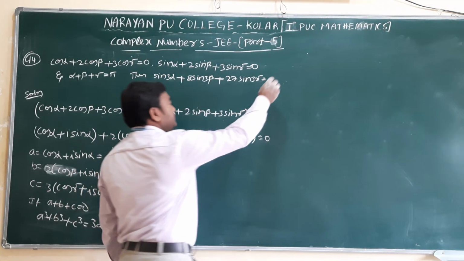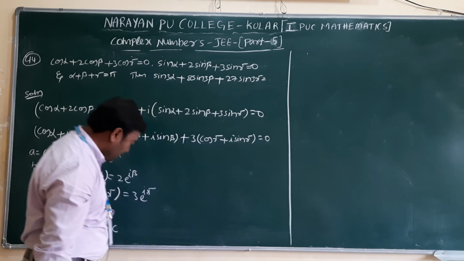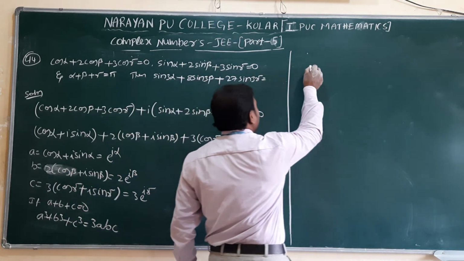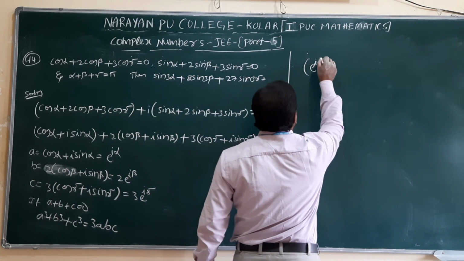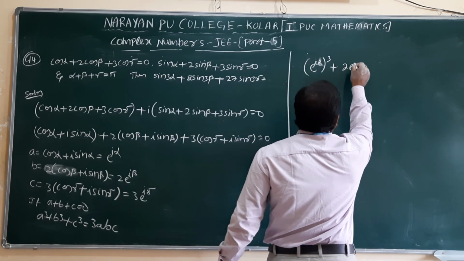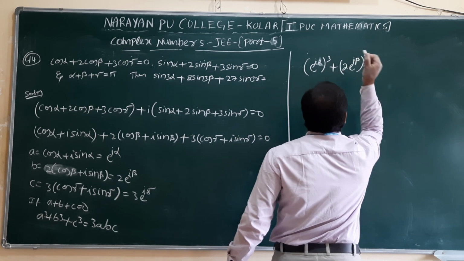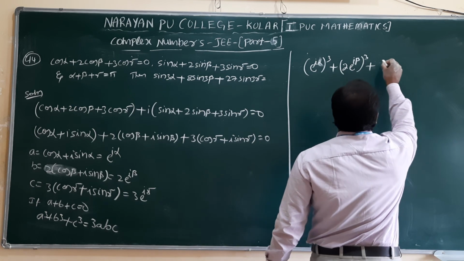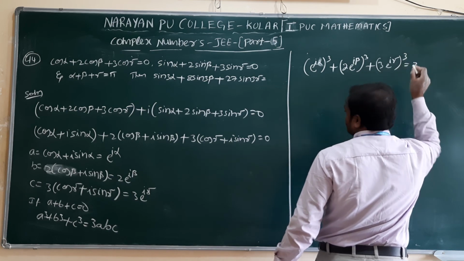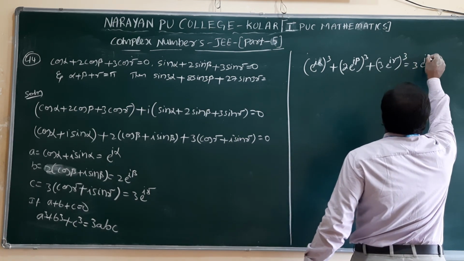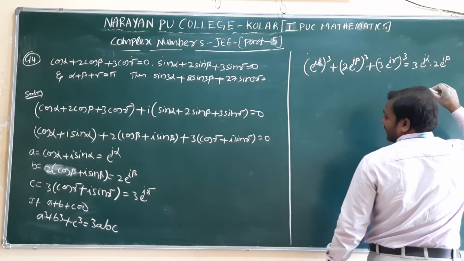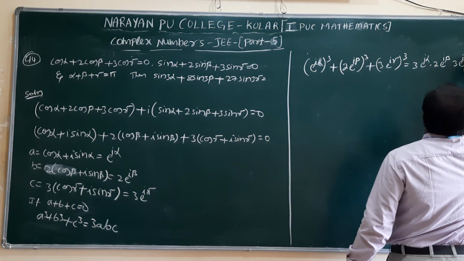Now, a value is e power i alpha, so a cube is e power i alpha whole cube, plus b value 2 into e power i beta whole power 3, plus c value 3 into e power i gamma whole power 3, is equal to 3 into a value e power i alpha, b value 2 into e power i beta, c value 3 into e power i gamma.